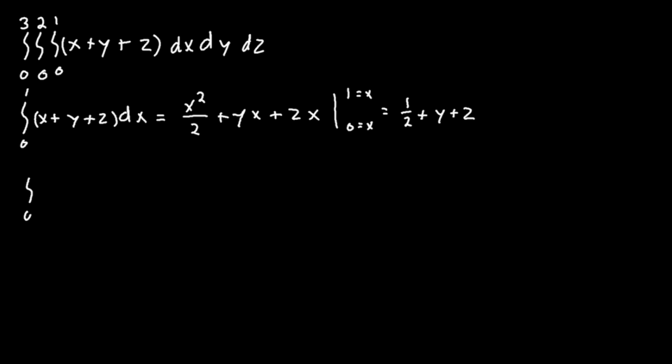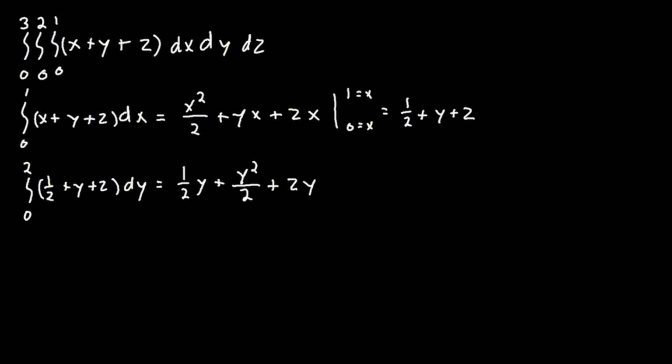Okay, now we solve for the next integral. Our bounds from 0 to 2. And now our new function is 1/2 plus y plus z dy. So we're integrating with respect to y now. 1/2 is a constant, so we multiply it by y. y is a function that we can use power rule on.